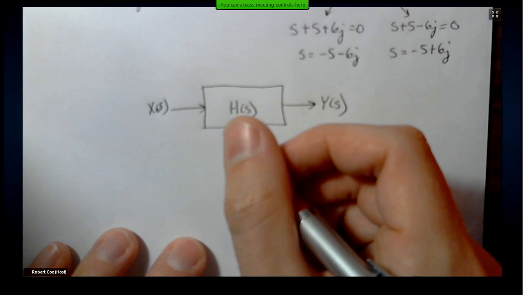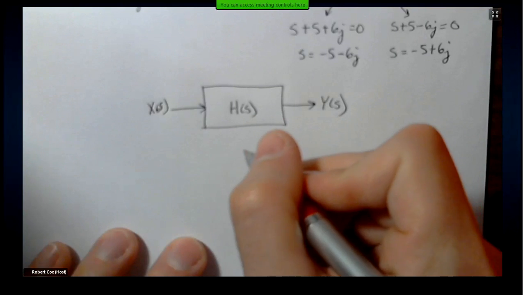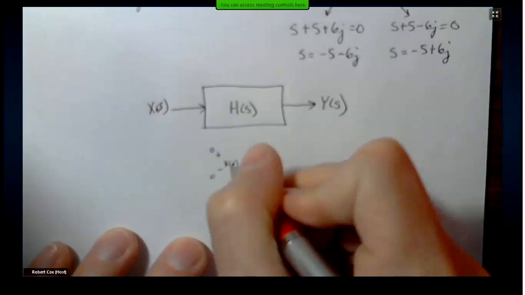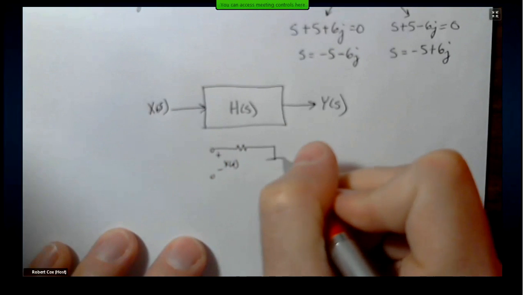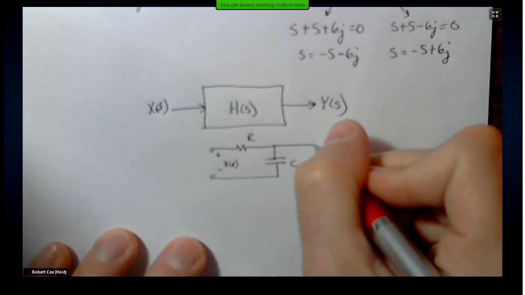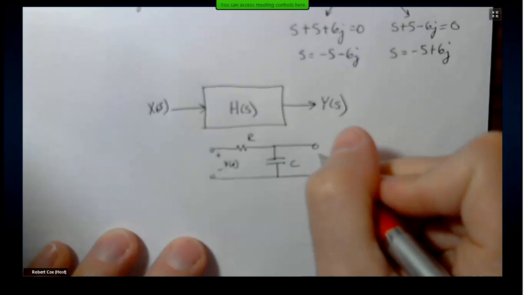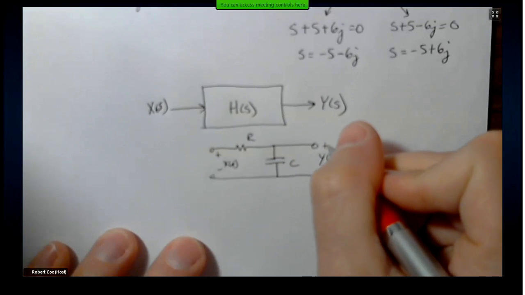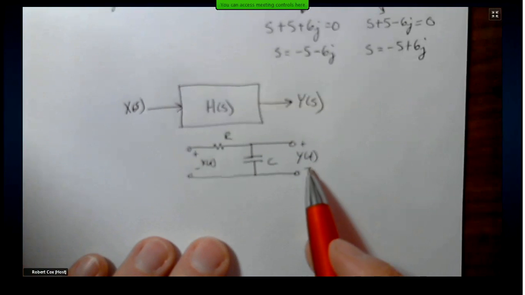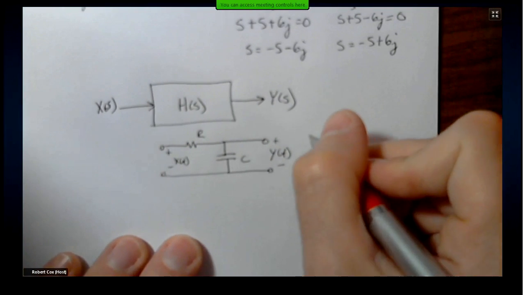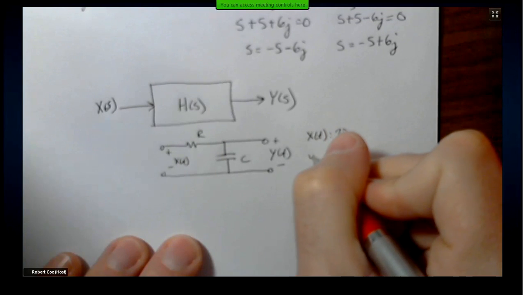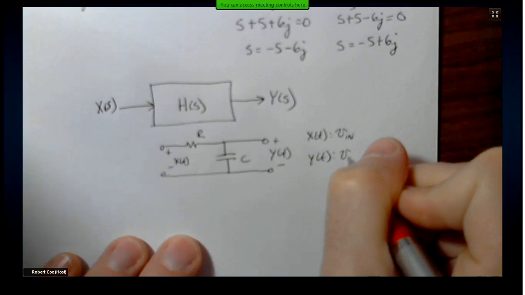As an example system, what if I had a circuit that looks like this? Here's C, here's R. Let's say my input is the input voltage, and I'm just going to write it as x of t. Let's say my output is the output voltage y of t. So in this case, x of t is V in, y of t is V out.